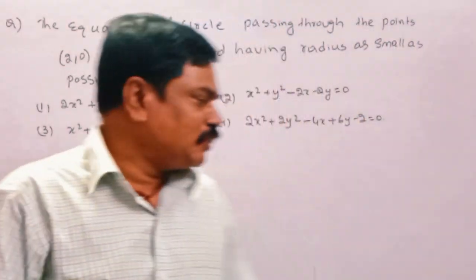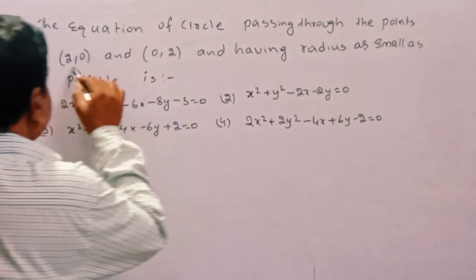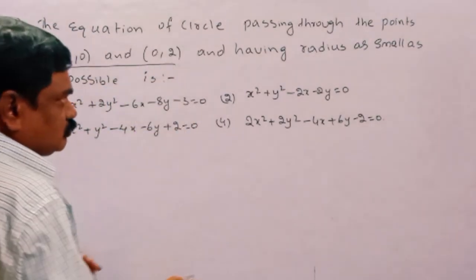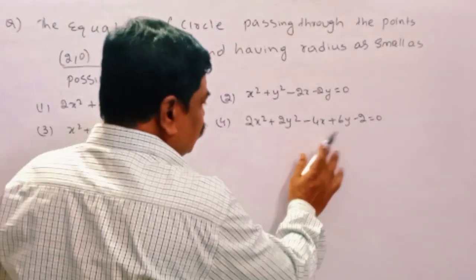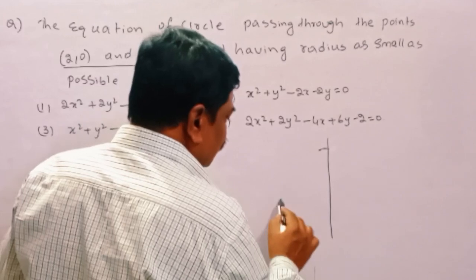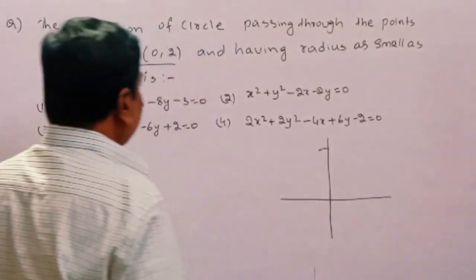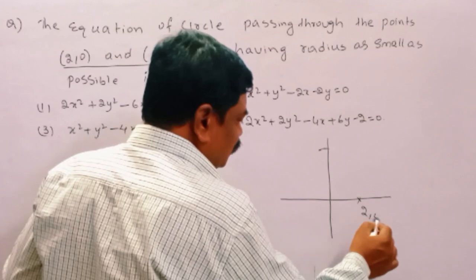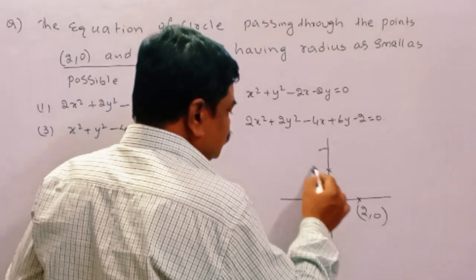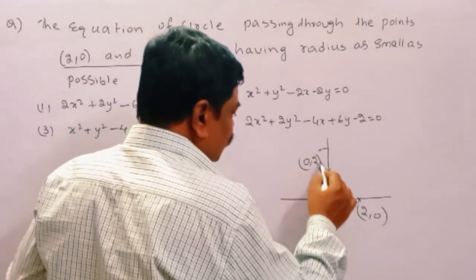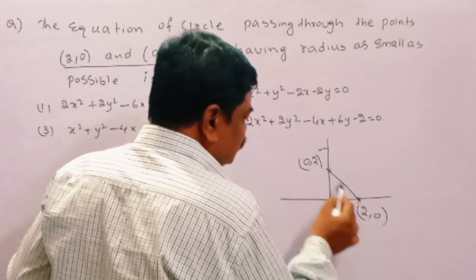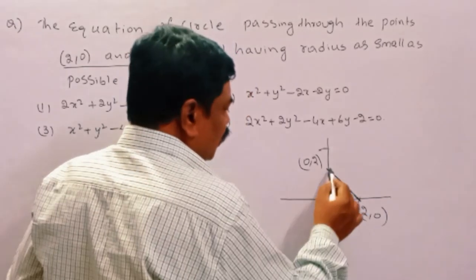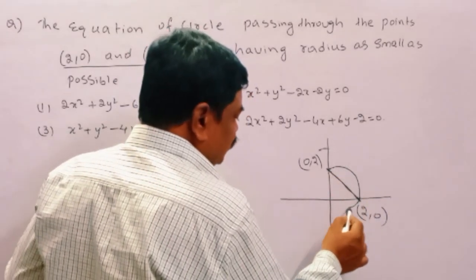So here you observe these two are the points, and we have to find the circle equation passing through these two points. This is the point (2, 0) and this is the point (0, 2), and this is the diameter and the circle is like this.